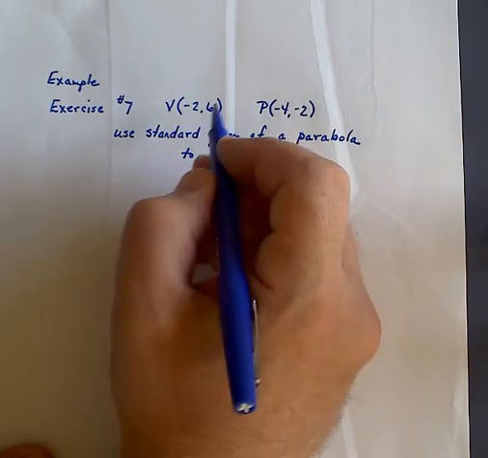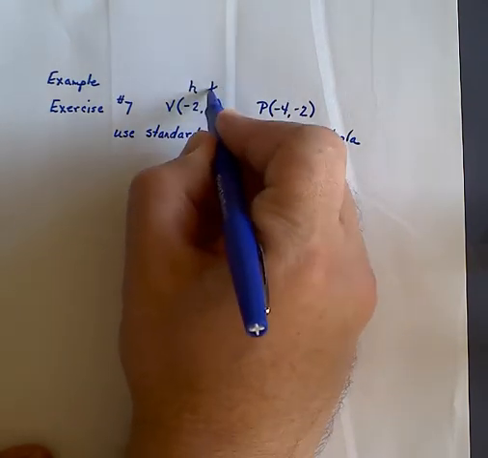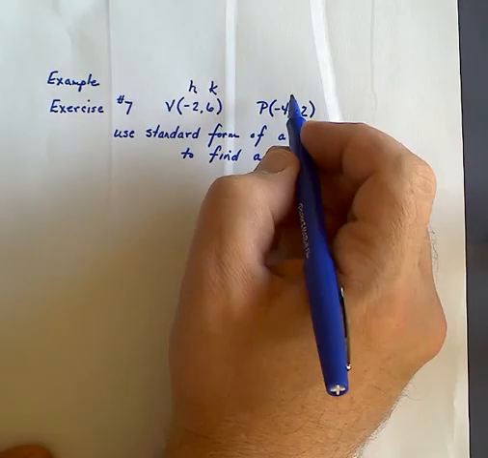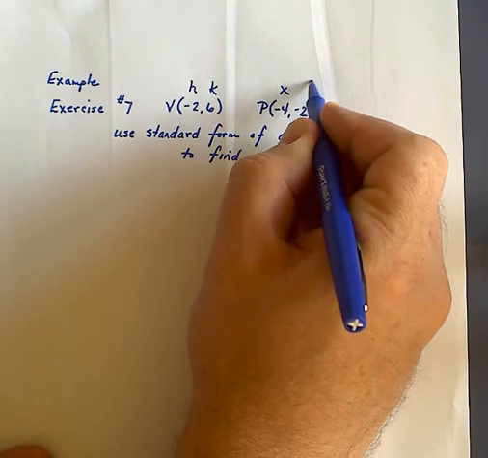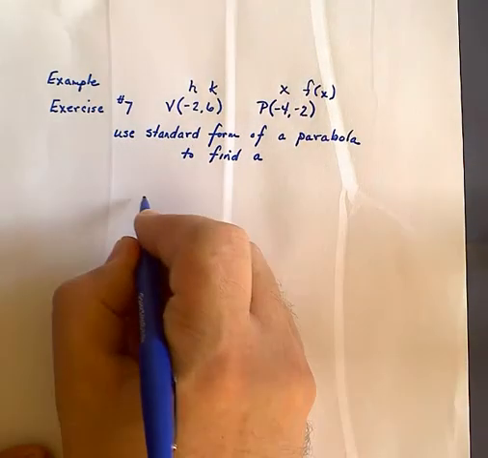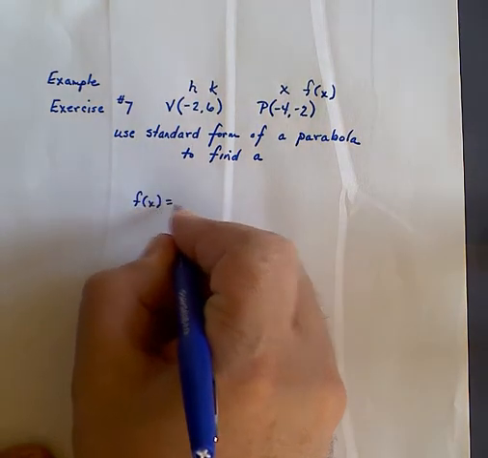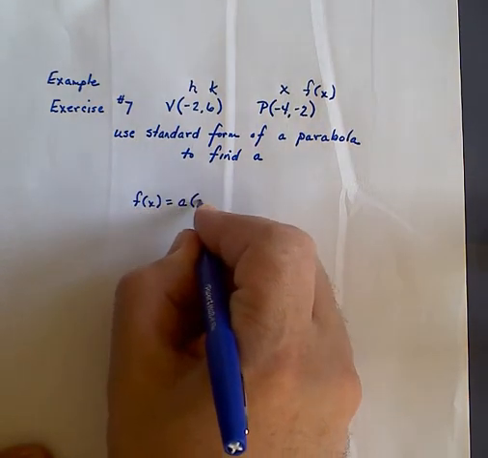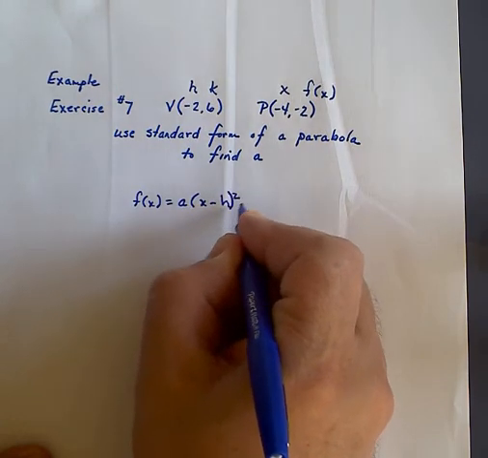Now the vertex, remember, is your h and k, and the point is designated as x and f of x. So I'm going to copy the formula down again: f of x equals a times (x minus h) squared plus k.